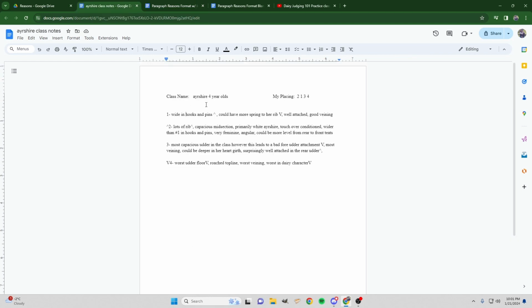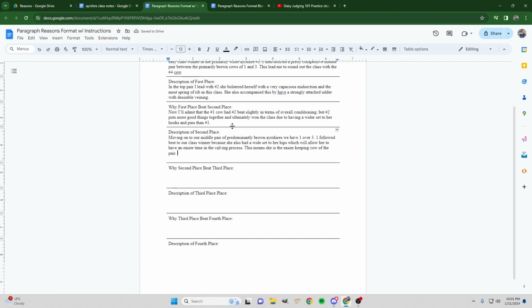What else did we say about her? Her udder was well attached and had good veining.